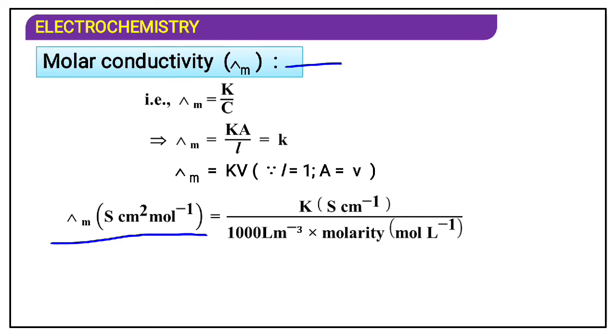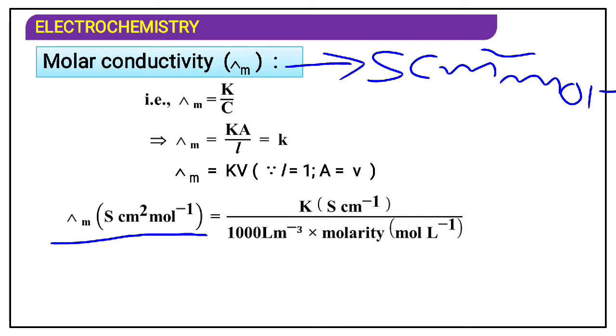Lambda m has two units: Siemens centimeter square mole inverse, and this is the unit of molar conductivity. It is also written as Siemens meter square mole inverse.